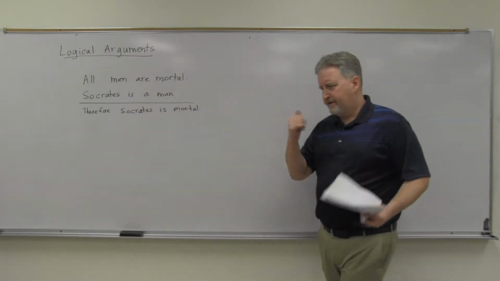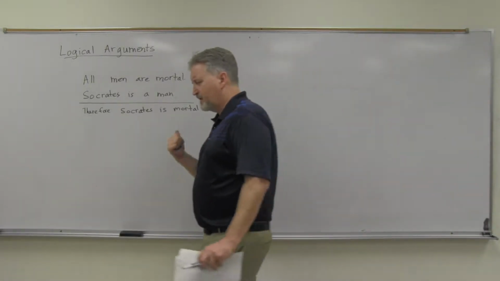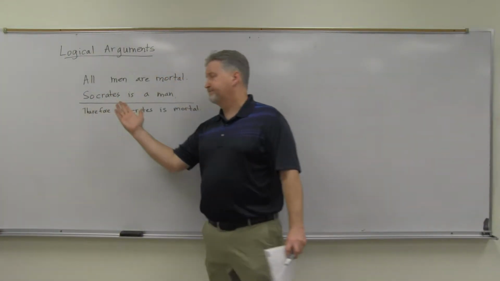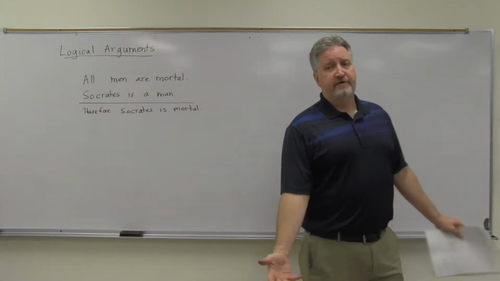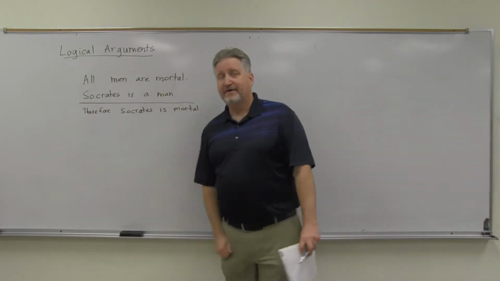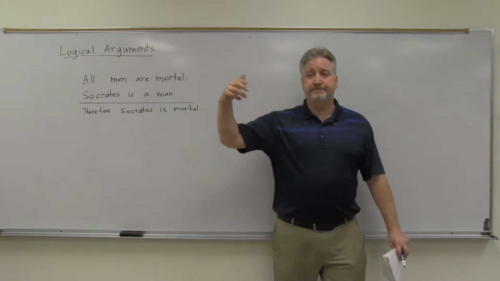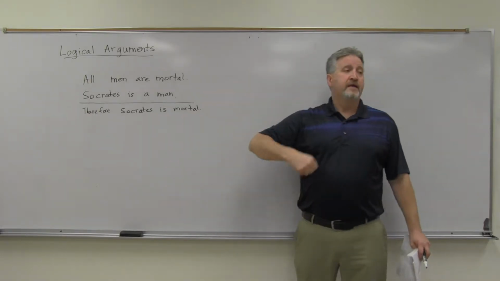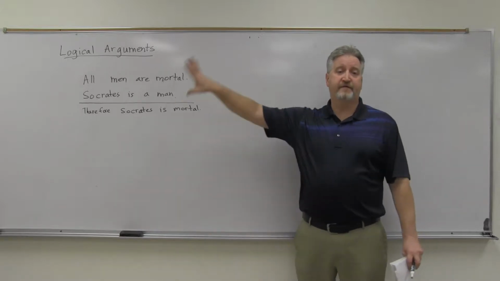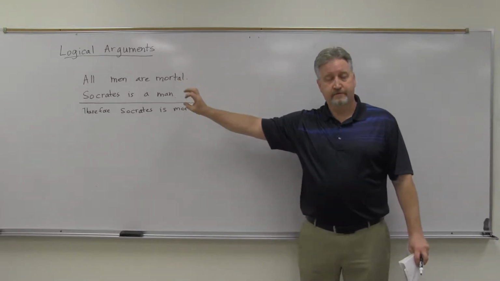Okay, so what I put up here, as we talk about logical arguments, is an example of a logical argument. A logical argument is something like this, where you have a couple of statements and then a conclusion based off of those statements.